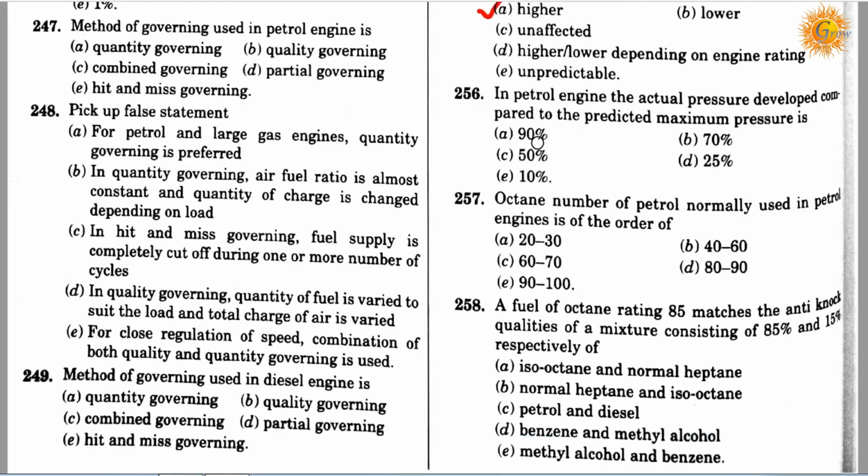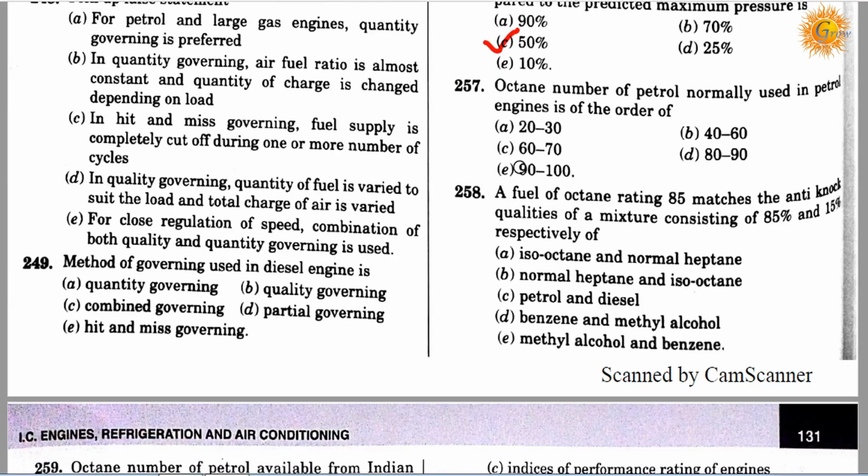Question number 256. In petrol engine, the actual pressure developed compared to the predicted maximum pressure is: option A, 90%; option B, 70%; option C, 50%; option D, 25%; option E, 10%. So the correct answer will be C, 50%. Question number 257.